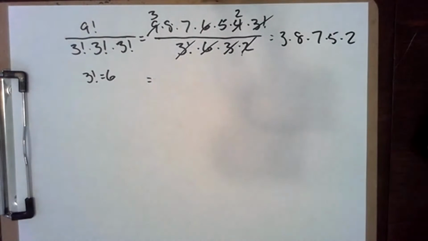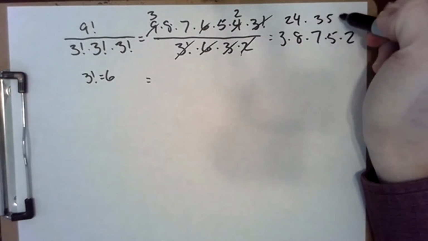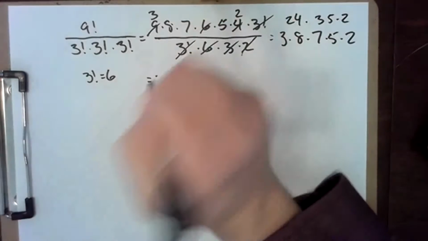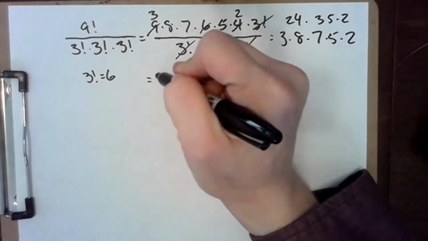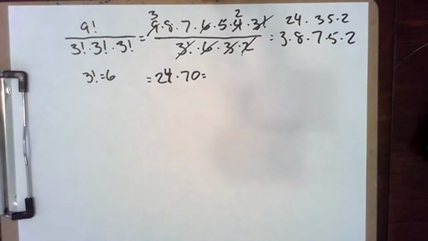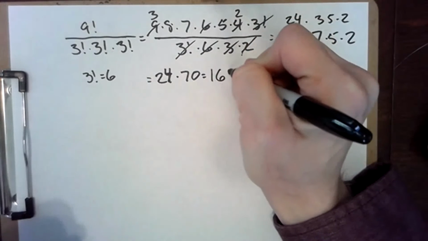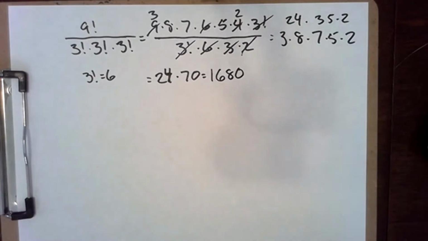Okay, well, calculating that, that's 24 times 35 times 2, which is 24 times 70. 24 times 70 is 1,680. We saw that in the last video.